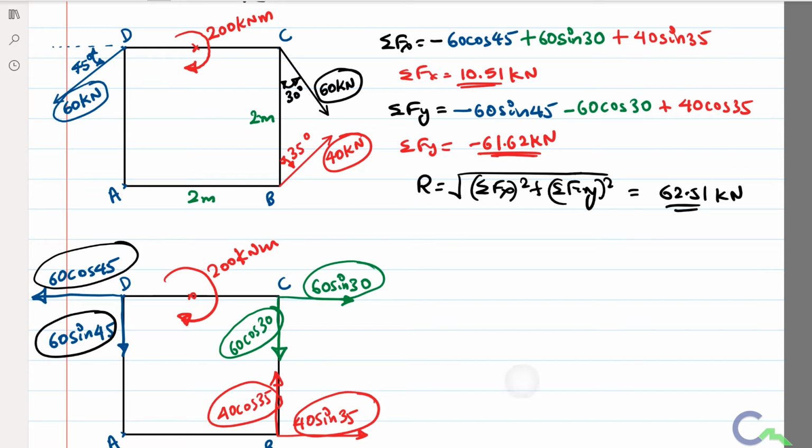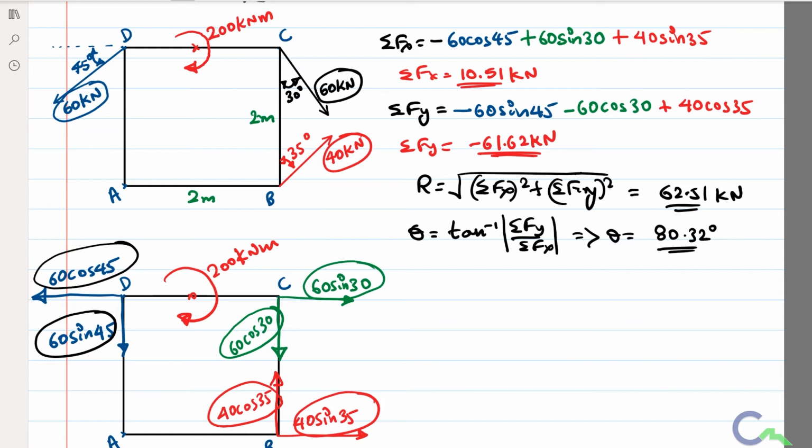To calculate theta, theta is equal to tan inverse of sigma Fy divided by sigma Fx. We have to take this as a modulus. Therefore theta we will get as 80.32 degree.